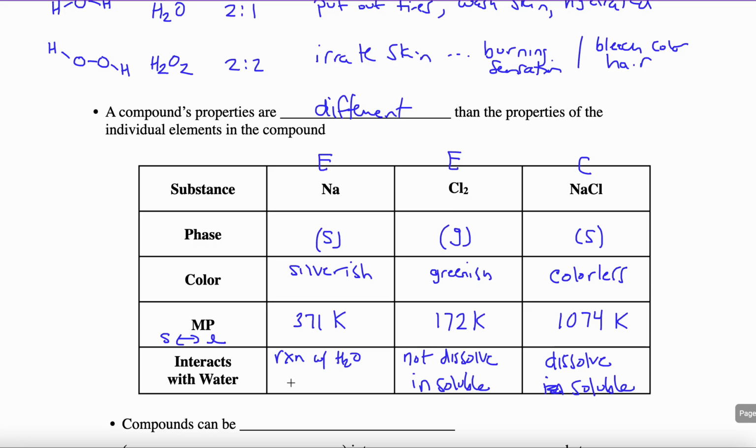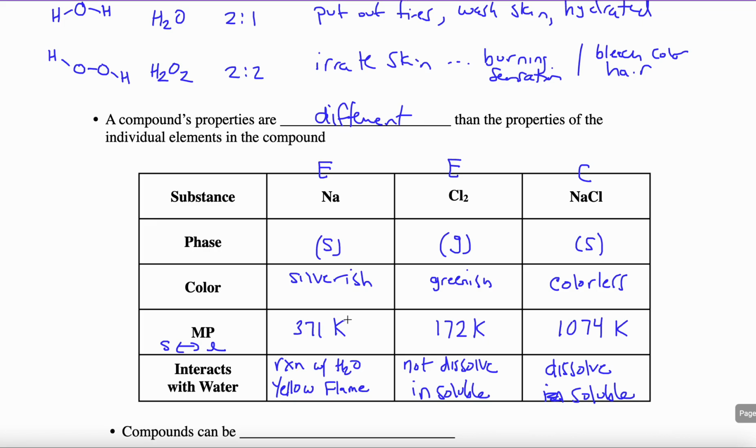And one of the things produced is hydrogen gas. And typically, if there's enough heat there, it ignites and you will see a yellow flame on the water. So it's pretty cool. It's a very rapid and very exothermic process when sodium touches the water. We'll have to find a YouTube video of it.